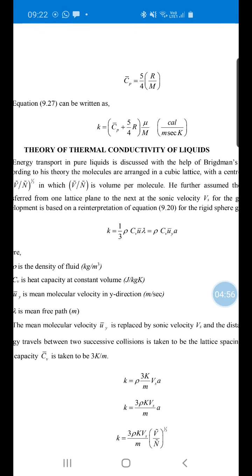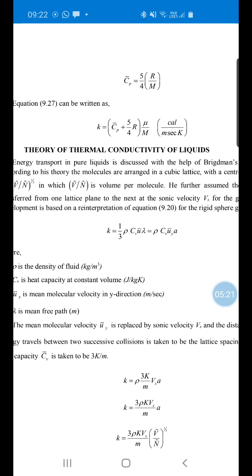So we will use this equation 9.27 to find the thermal conductivity. To do this, you are supposed to know the heat capacity at constant pressure, the value of R, viscosity and molecular weight. These are the terms used to find the thermal conductivity by Eucken's equation.